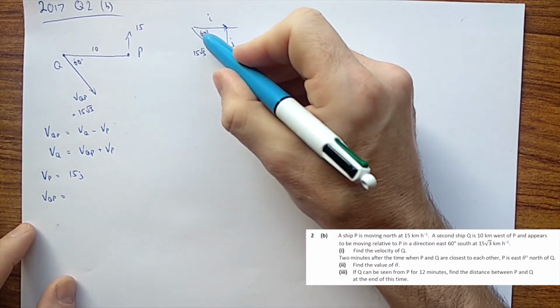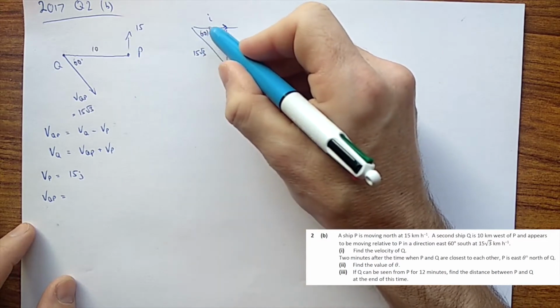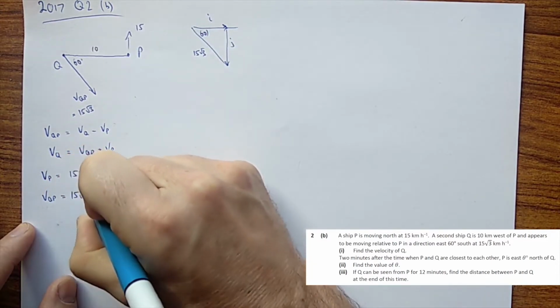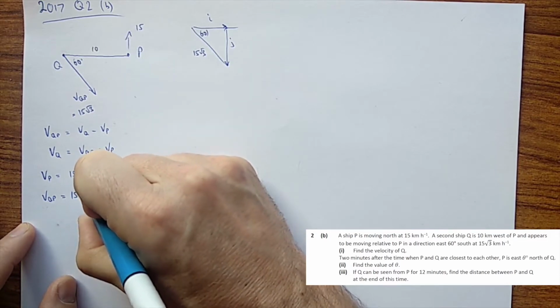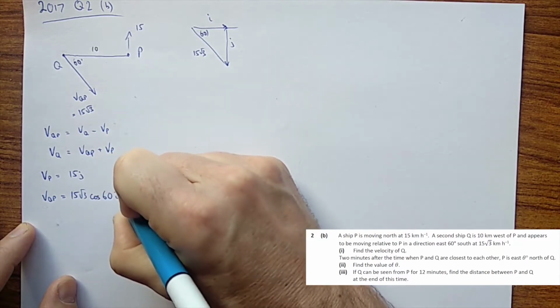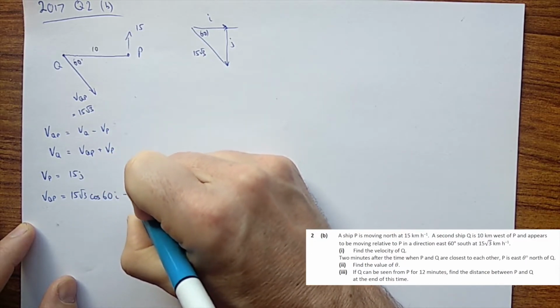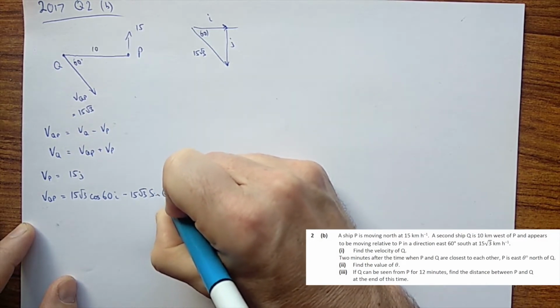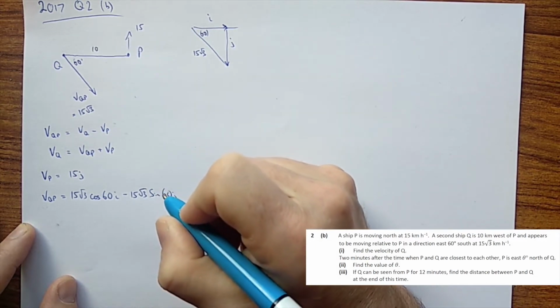So it is going to be 15 root 3 cos 60 i minus 15 root 3 sine of 60 j.